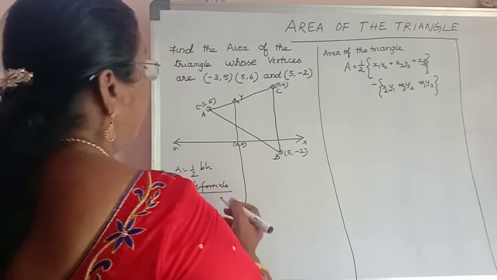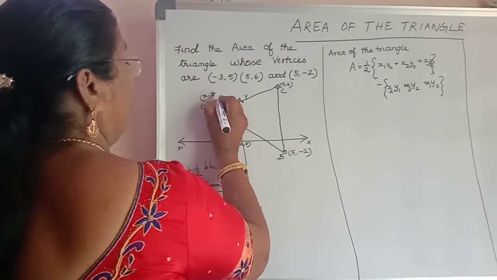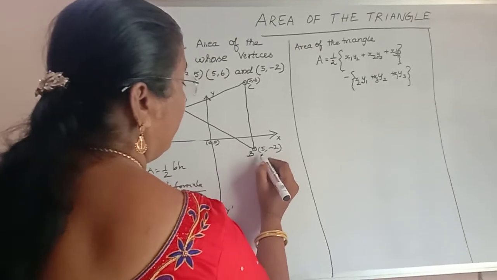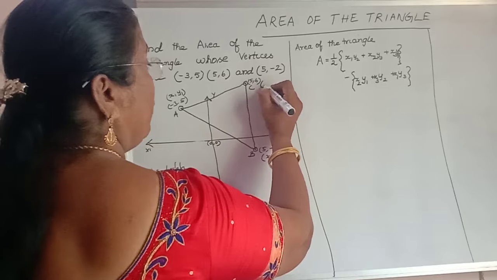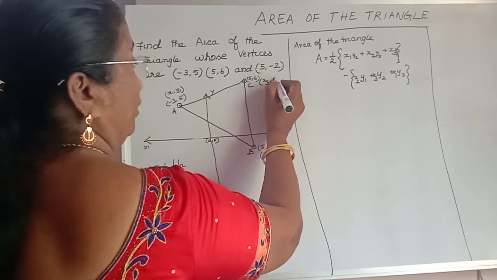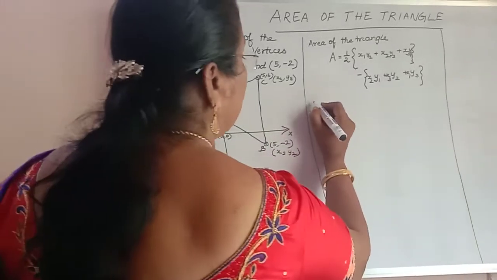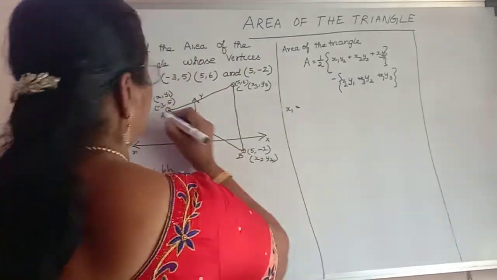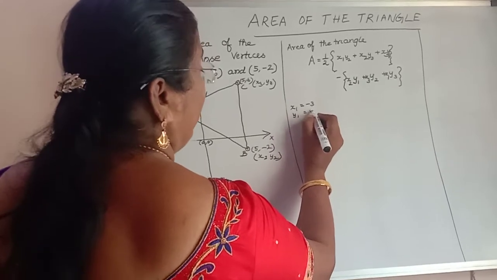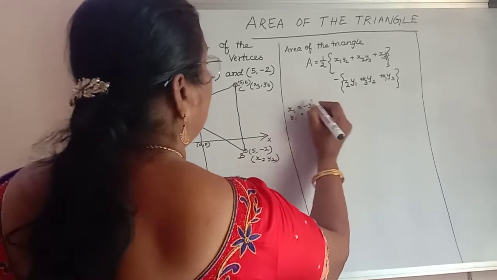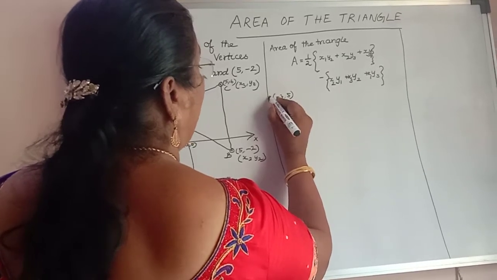So now we will take the vertex A, minus 3, 5, as your x1, y1, and your B, 5, minus 2, as x2, y2, and your C, 5, 6, as x3, y3, and substitute in the above formula. So what is your x1 now? x1 is minus 3. What is your y1? y1 is 5. So this is from the point minus 3, 5, your A point.